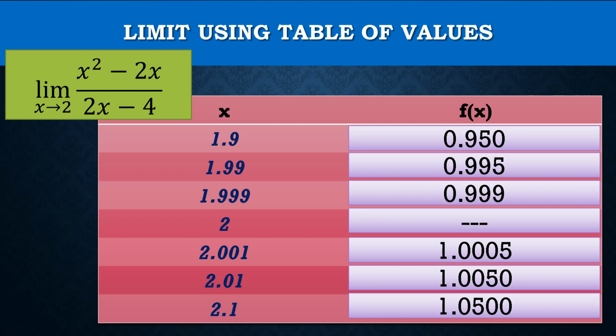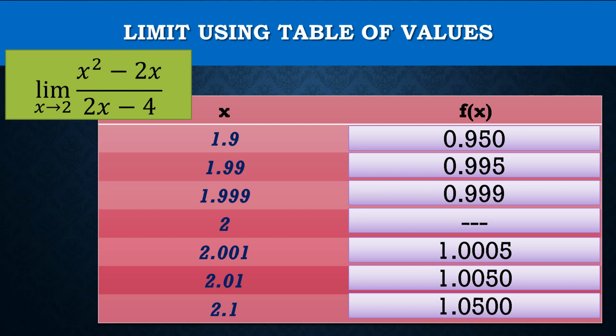So kung mapapansin natin, from your 2, palayo na, okay, sa values of your f of x, medyo pataas na rin. Okay? So kung i-observe natin, yung mga values ng x na papunta sa 2, or these are x approaches 2 from the left, okay? Yung f of x natin, papunta sa value of 1, right?